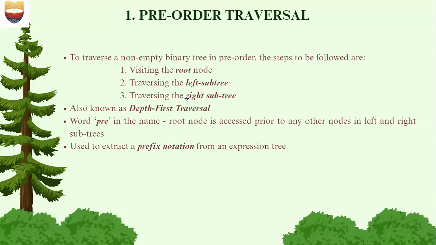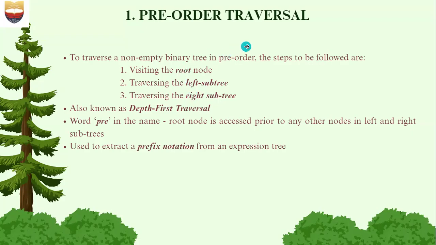That is, we have to start our traversal process only from the root node. So first we visit the root node of the tree, and once we have completed visiting the root node, next we can move on to the left subtree, right? And once we have completed the left subtree, we can go to the right subtree. And with this right subtree, we can finish our traversal process.